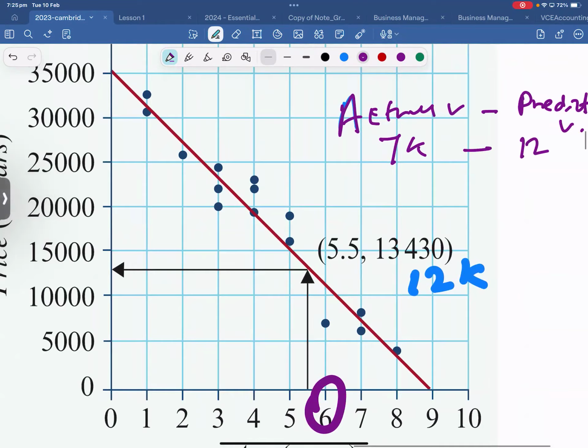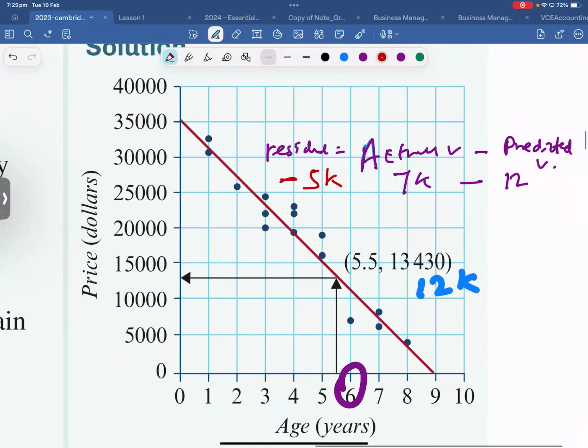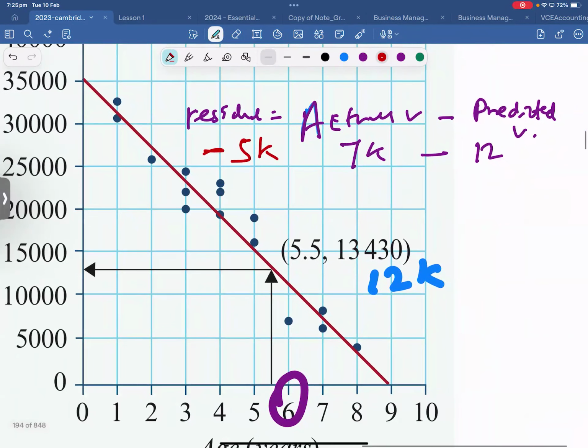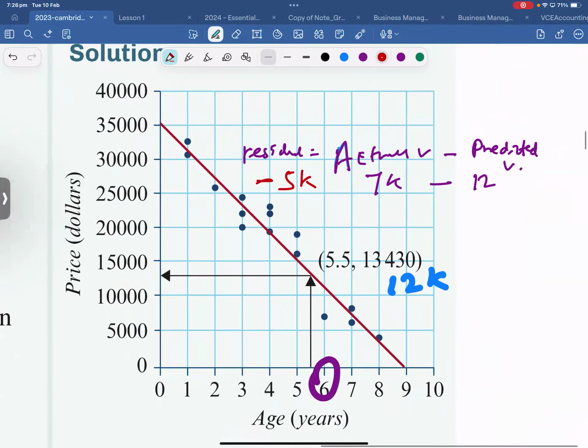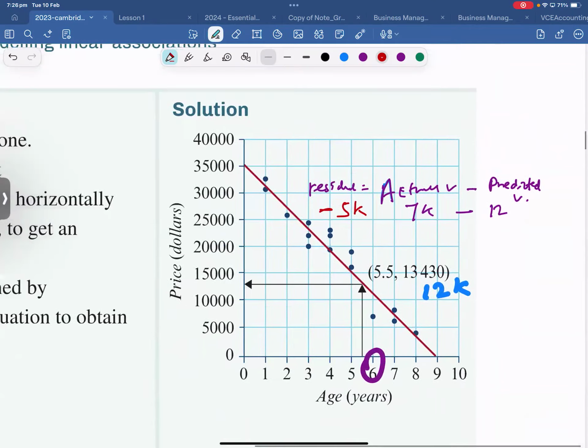That means we are going to subtract this one. So the residual is going to be how much? 5,000, but this one we will say minus. Why? How we calculate the residual is, guys, always actual take away predicted. Got it?